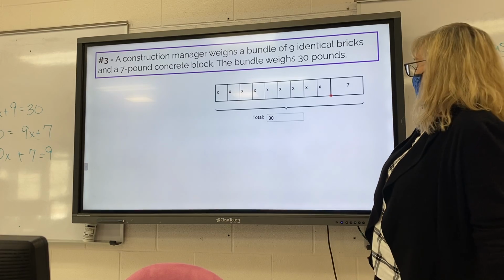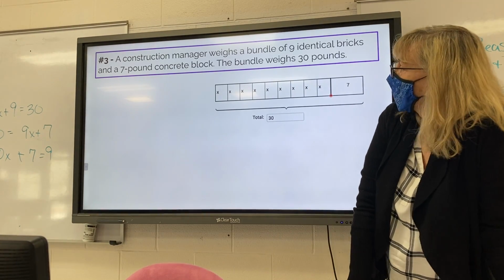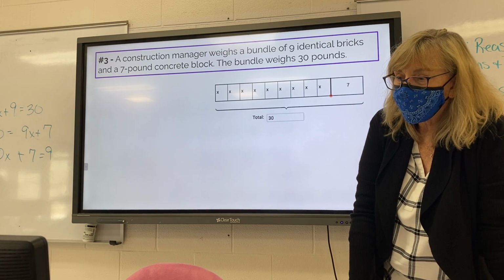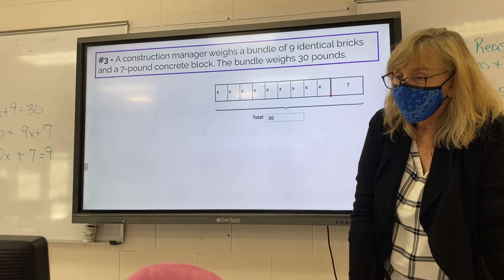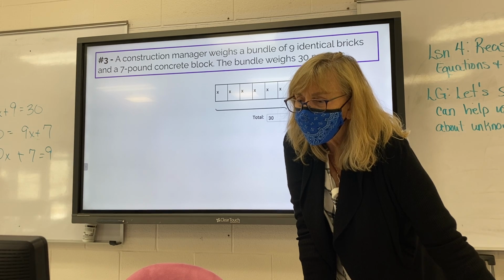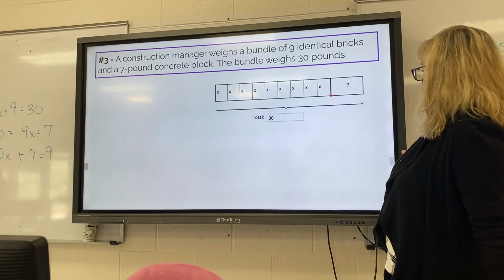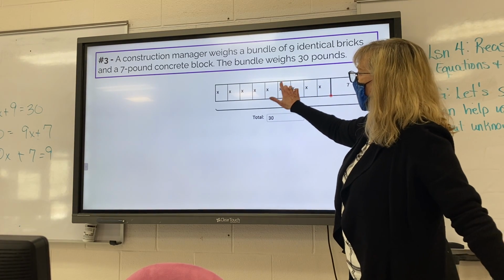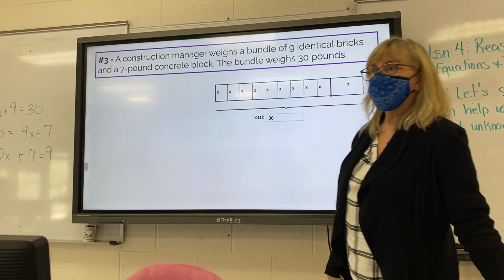All right, so which equation is that? A, B, or C? Put it in the chat. Hit enter. Still got all 3 answers. Okay. What do you see here? 1, 2, 3, 4, 5, 6, 7, 8, 9 X's, right?